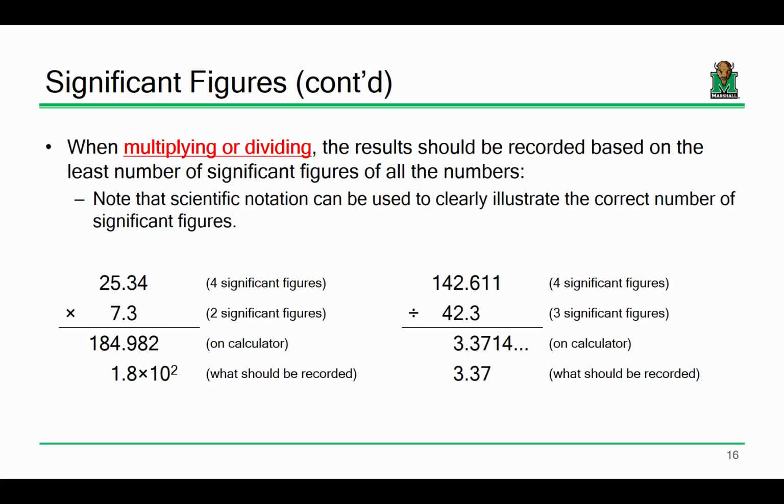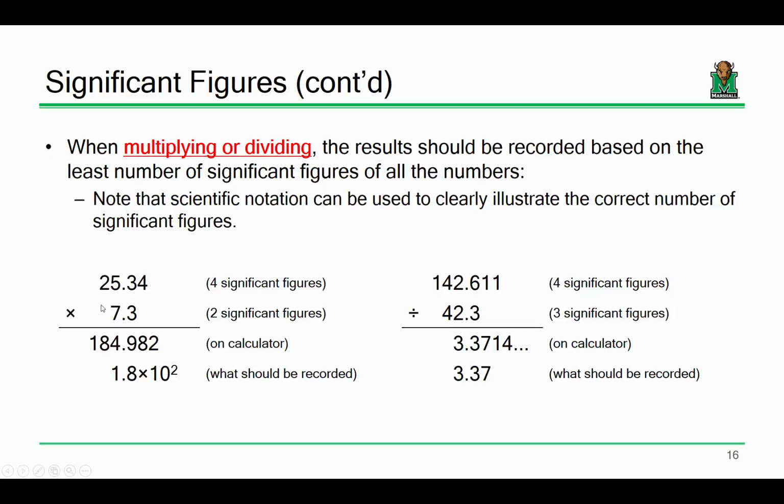Multiplying and dividing, things get a little bit more tricky. Let's take a look at the illustration of 25.34 multiplied by 7.3. The calculator is going to have even more digits than it did before. Each of these, this was to the nearest hundredth, this was to the nearest tenth, and we had 4 significant figures for the first number and only 2 for the second.